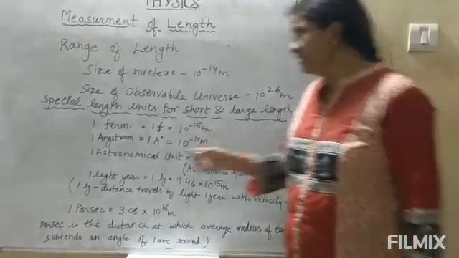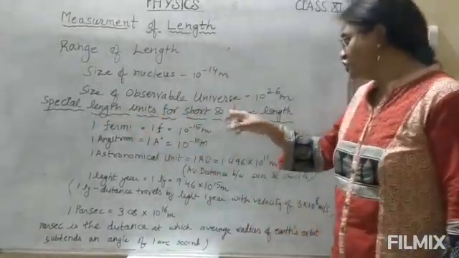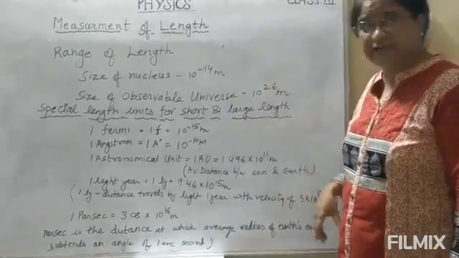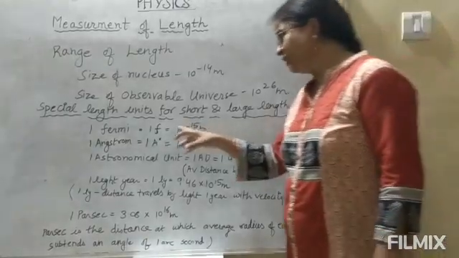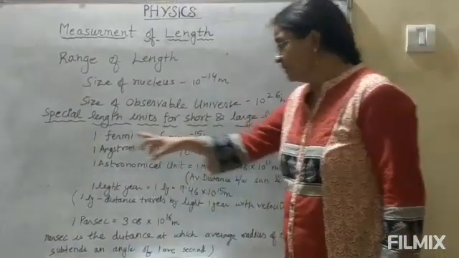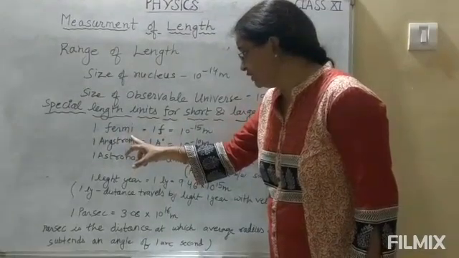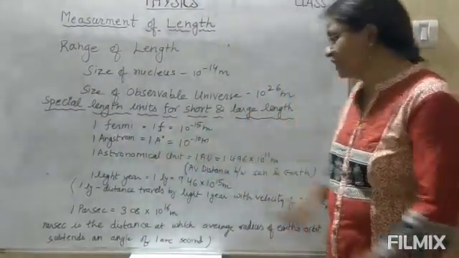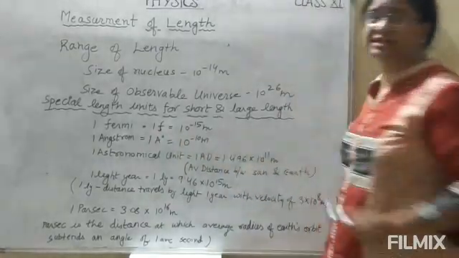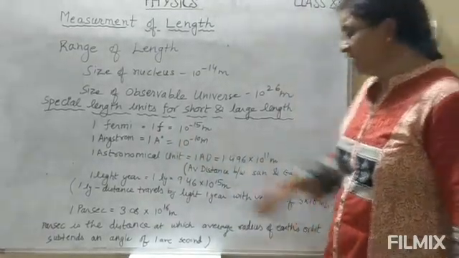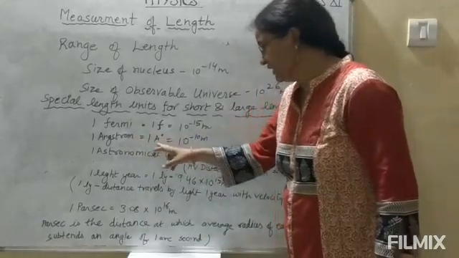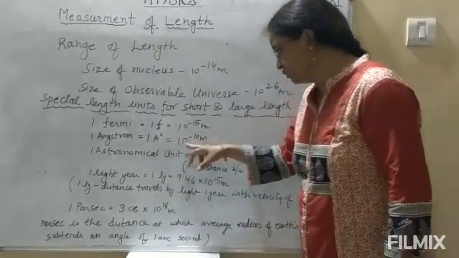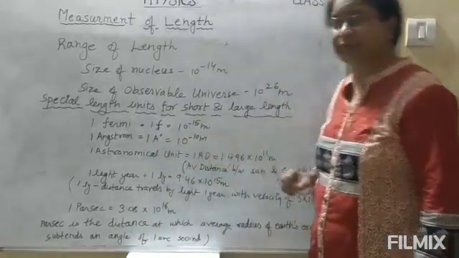My dear students, see the special length units for short and large lengths. Some of the units I have written here, and you can learn them. 1 Fermi is a very small unit for measuring length: 1 Fermi is equal to 10 raised to power minus 15 meter. 1 angstrom is equal to 10 raised to power minus 10 meter.